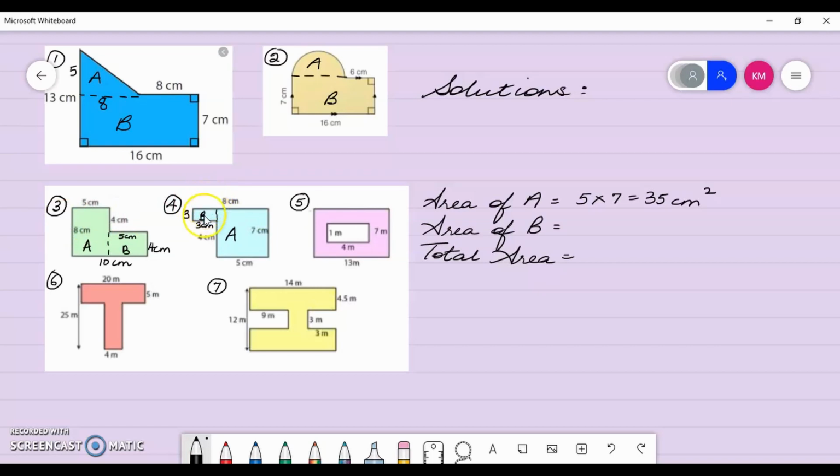Area of B is going to be 3 by 3, and that is going to be 9 centimeters squared. My total area is going to be that 35 plus 9 to give me 44 centimeters squared.